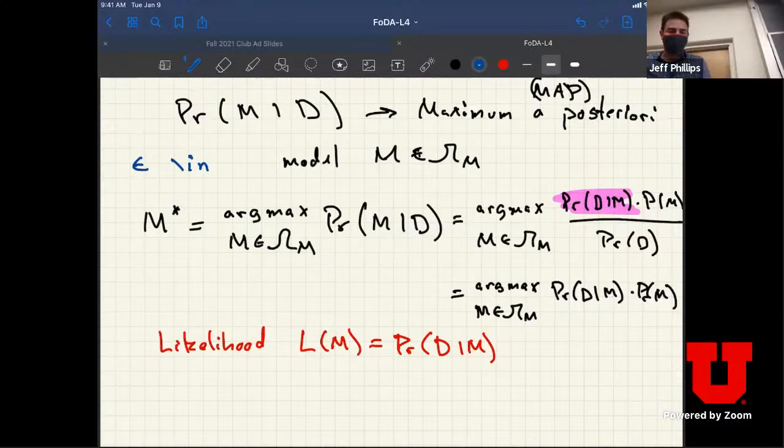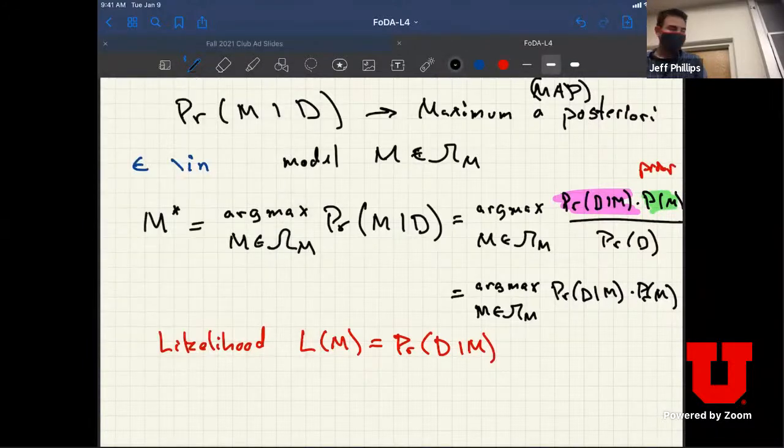Okay, great. So this is the likelihood, and I mentioned that this other term is often called the prior. I'll get back to these a bit.